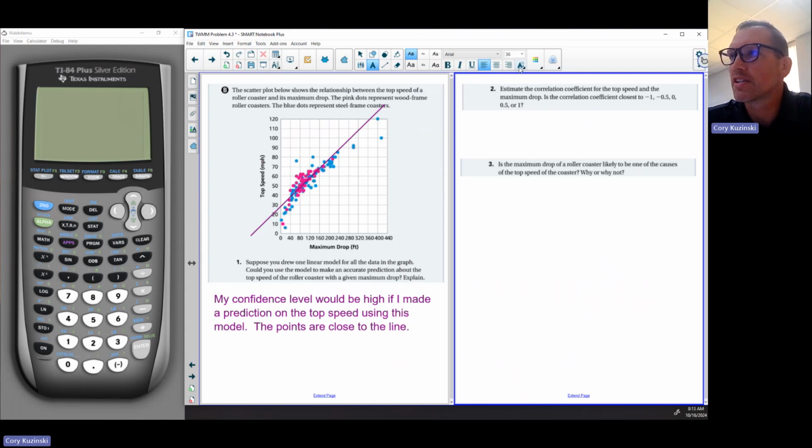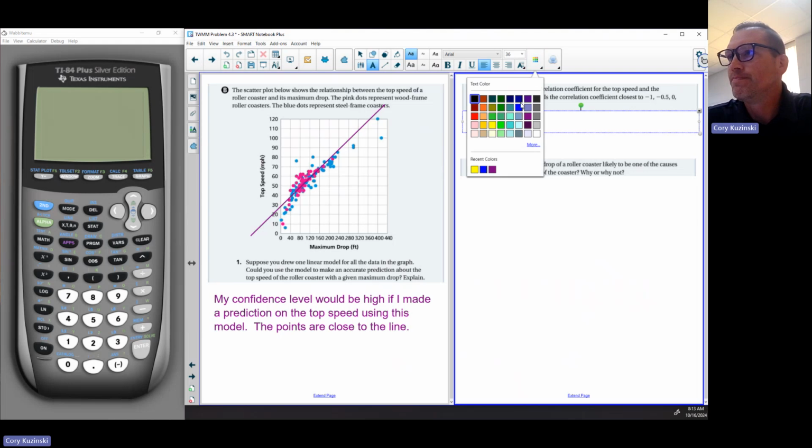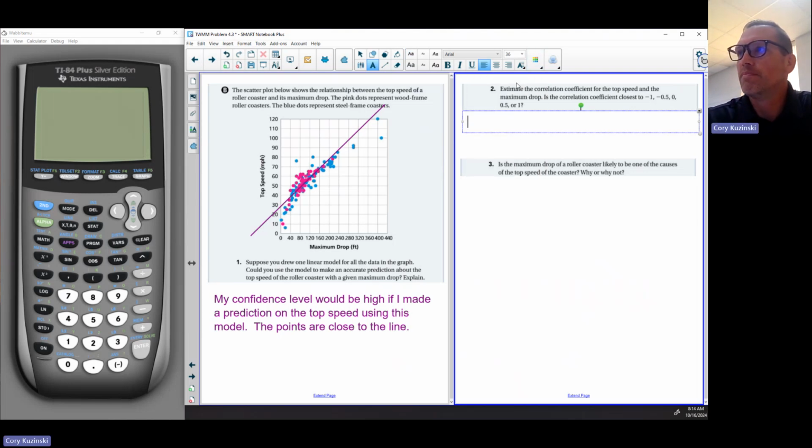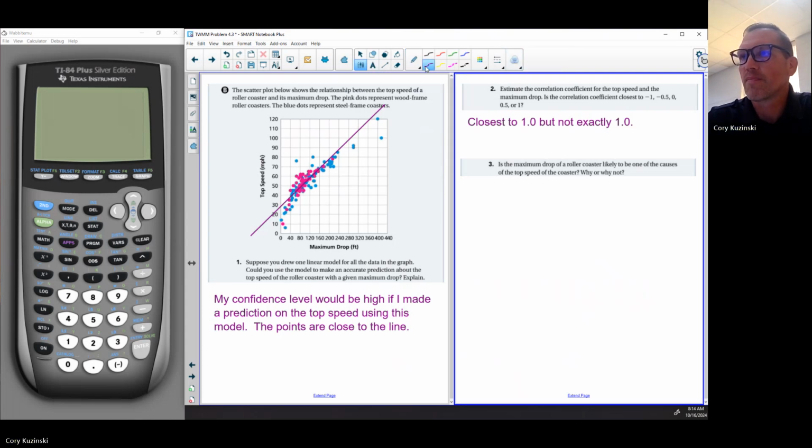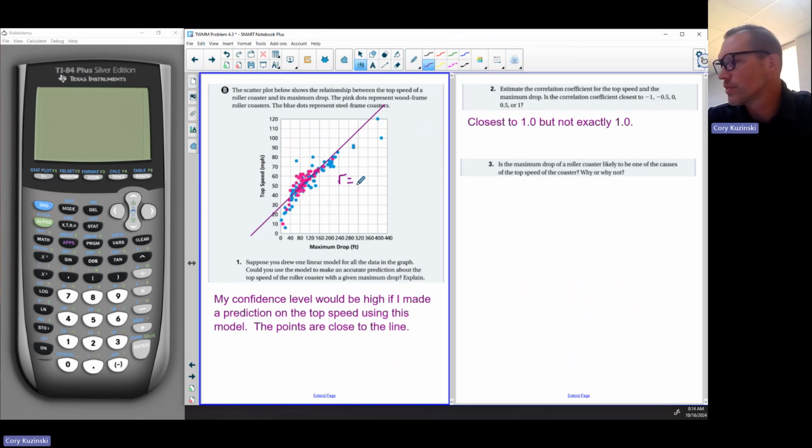Okay, so let's see. Here's what I'm going to say. Hopefully you estimated close to 1. It's going to be closest to 1.0, but not exactly 1.0. The actual correlation coefficient is r equals 0.89.